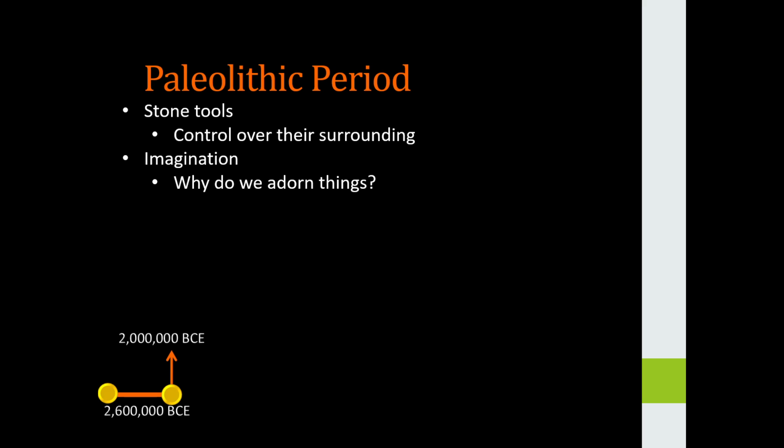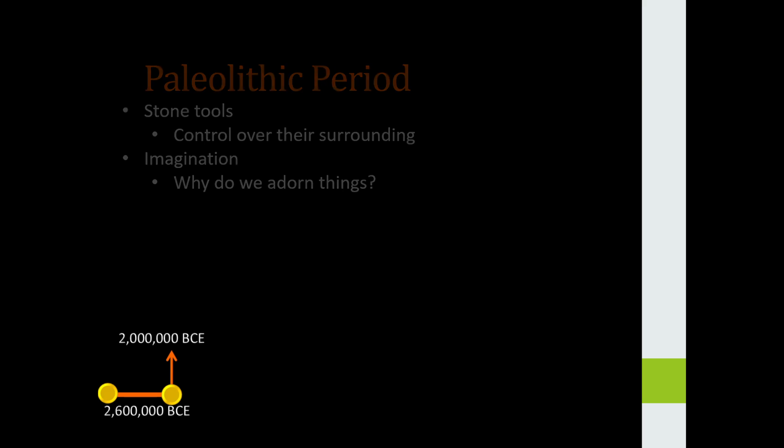So if you think about it in a much more primitive way, decorating something, making it say this is mine and this is yours, can be the difference between life and death in many cases, because you're acquiring your own food or your own tools and things like that. So that's why imagination and the ability to adorn things is so important.